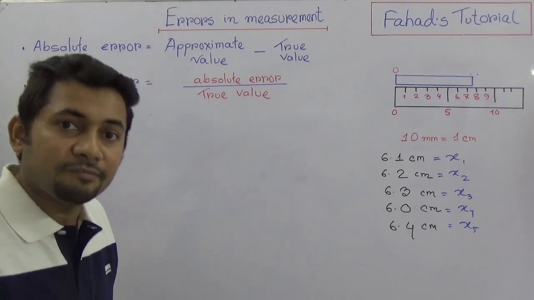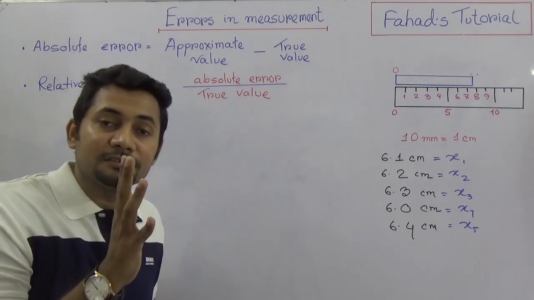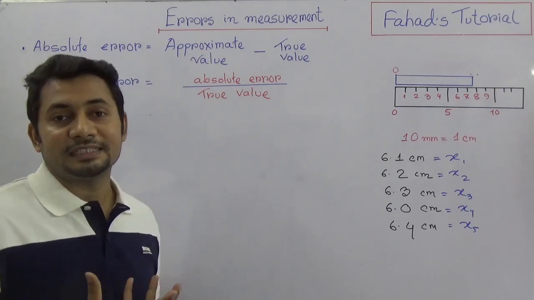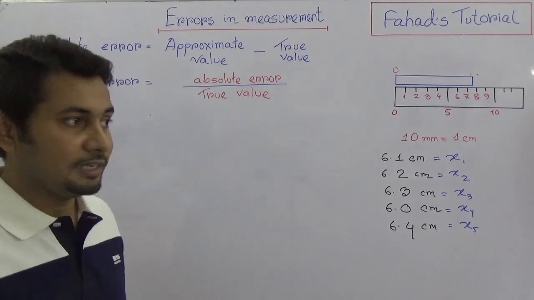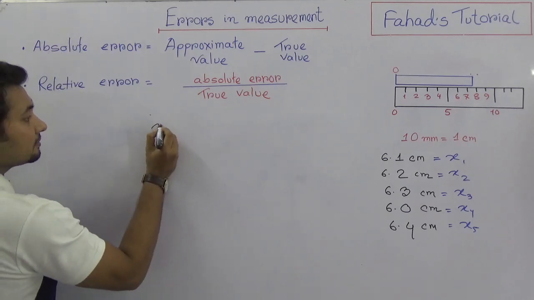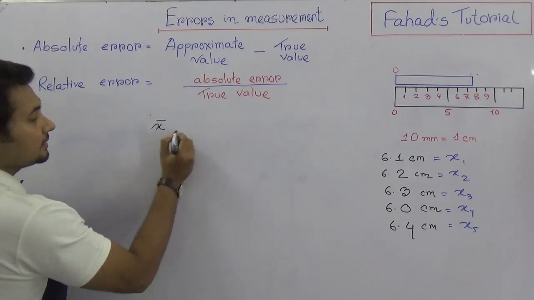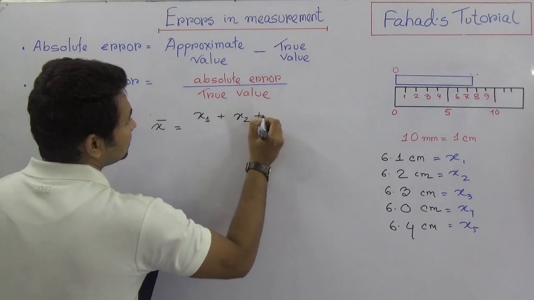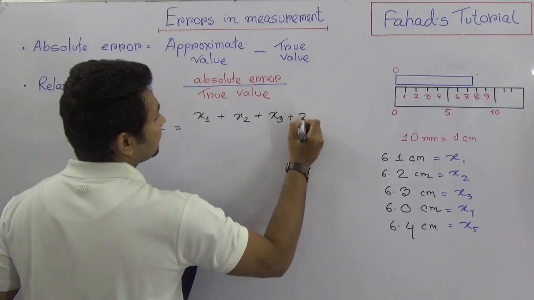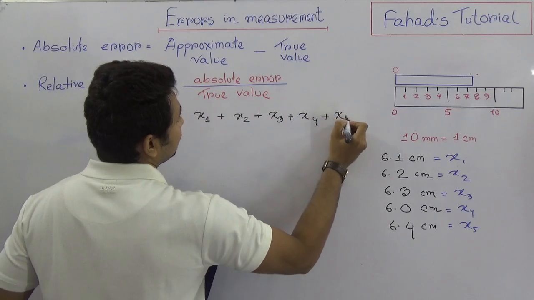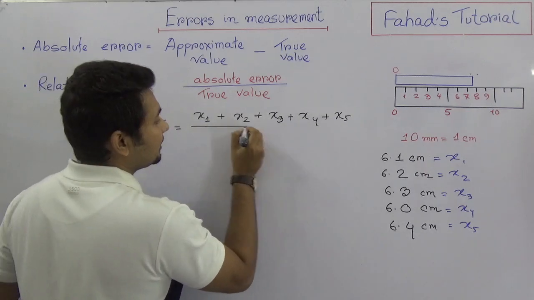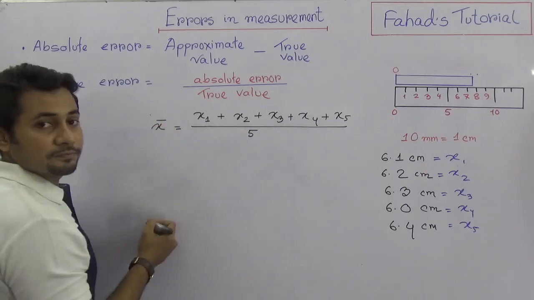If I have the 5 values or the observable quantities of anything, then what should I take? I should take the mean value, and this mean value x bar is x1 plus x2 plus x3 plus x4 plus x5. There are 5 observations, so I need to divide it by 5.